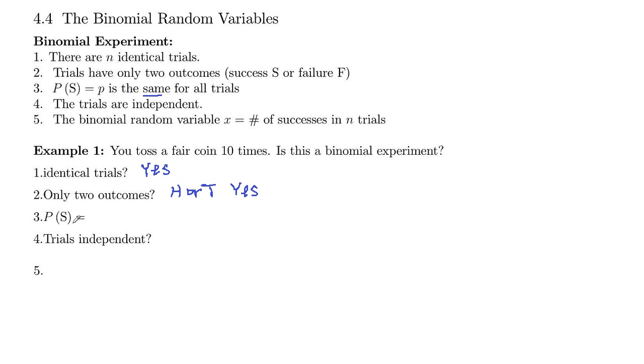Probability of success, is it the same? Well, it's a fair coin. So the probability of our success, whether we call it heads or tails, is going to be 1/2. And then are the trials independent? Yes, they are. The outcome on one flip does not affect the next flip.